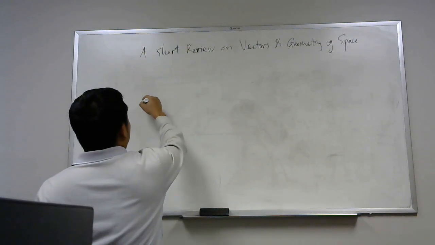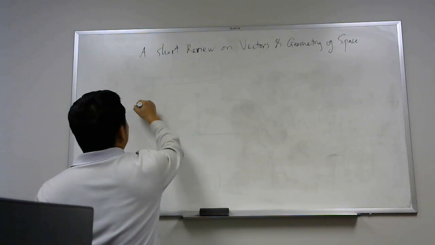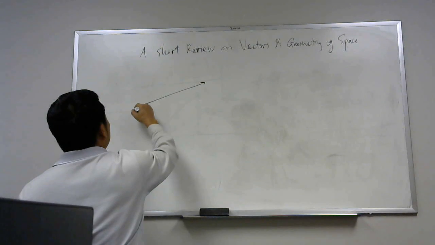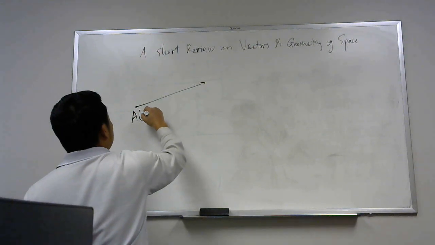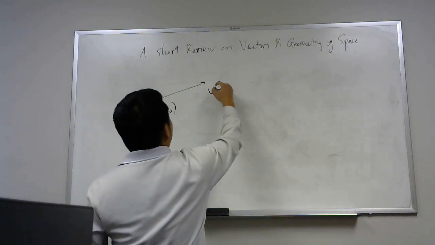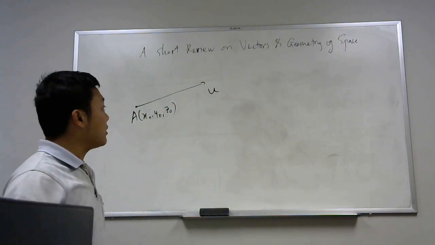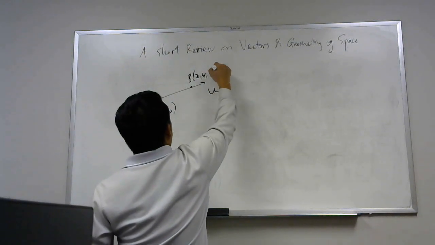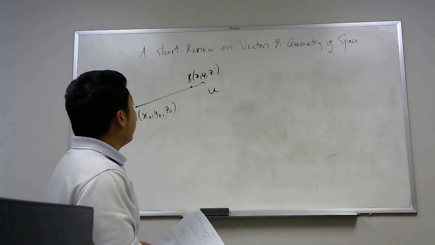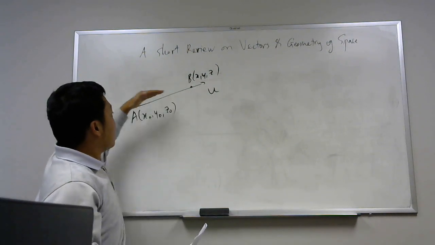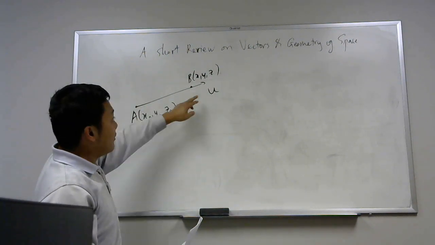So yeah, here is a straight line. If you fix some point A, (x0, y0, z0), and here you have some direction vector u, and here is B, which is (x, y, z), then for any B here, vector AB is a scalar multiple of vector u.